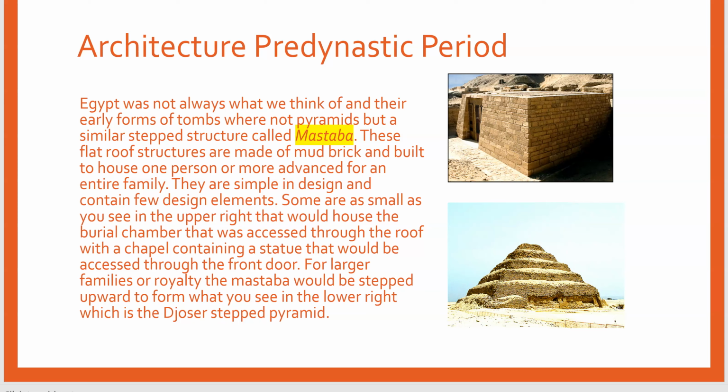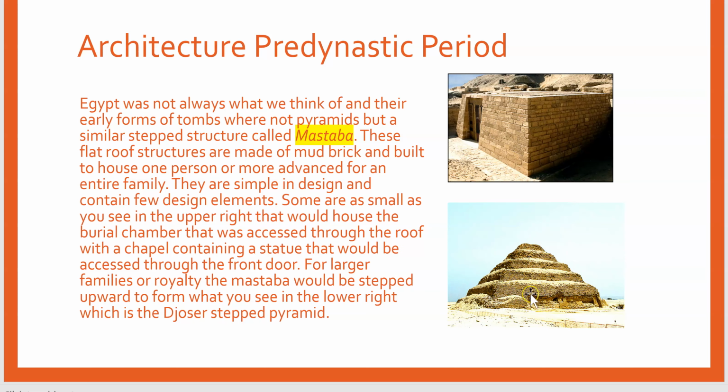Now, you have to talk about architecture as quickly as possible when you talk about Egypt, because that's really what they are most known for. But the first pyramids, and this is going to link back to Mesopotamia as well, are stepped pyramids called mastaba. Okay, so please, that's going to be on the quiz. Mastaba is the early Egyptian form of a step pyramid.